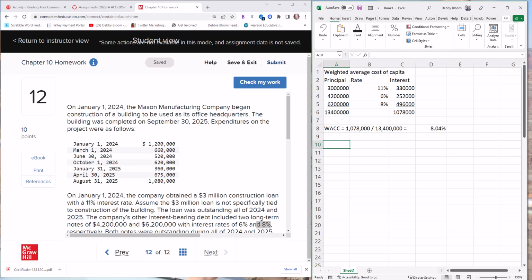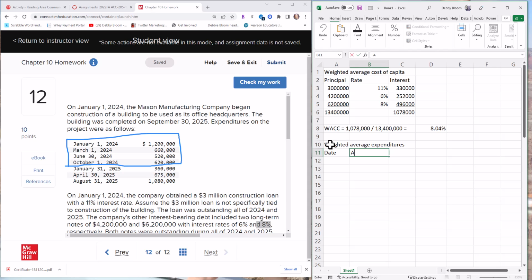So now that we've got that, the first step we're going to do is calculate the weighted average expenditures for 2024. To calculate the weighted average expenditures for 2024, we're just going to use these 4 numbers. So just like I did in the last problem, I'm going to take each date.